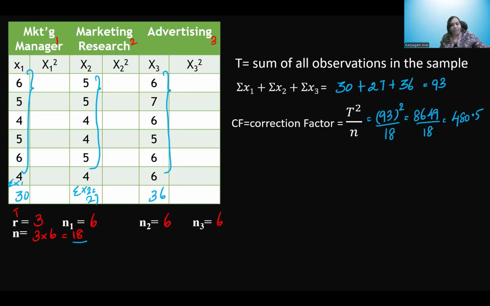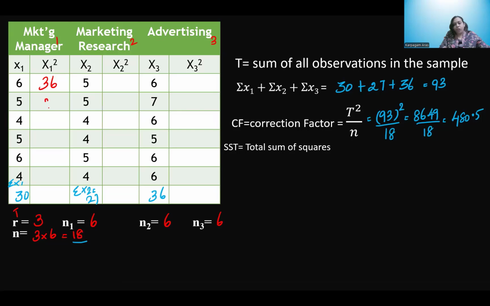Next, we have to calculate SST. SST gives us how much variation is available in the entire data set. To calculate the total sum of squares, we have to square each and every one of the samples, which becomes 36, 25, 16, 25, 36, 16, 25, 25, 16, 16, 25, 16, 36, 49, 36, 25.